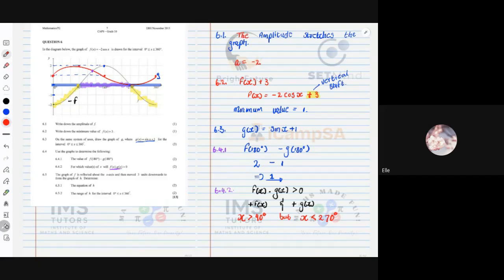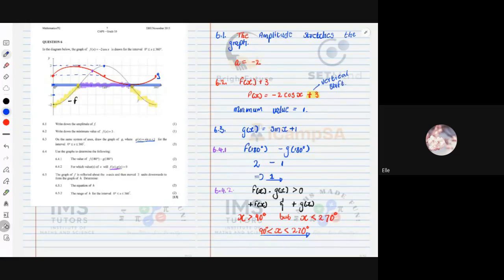Each time we multiply f at x by g at x, for us to get a value greater than 0, this condition has to be met. So let's rewrite it: x is greater than 90 degrees, but x is less than 270 degrees. So that is your answer.